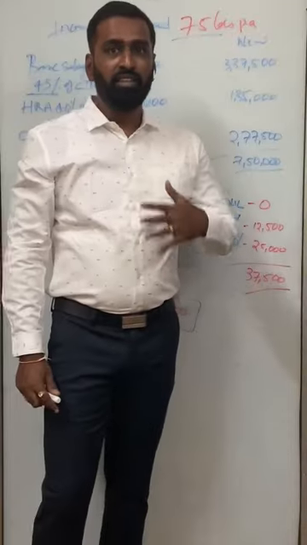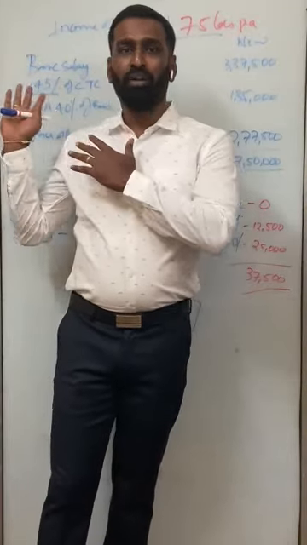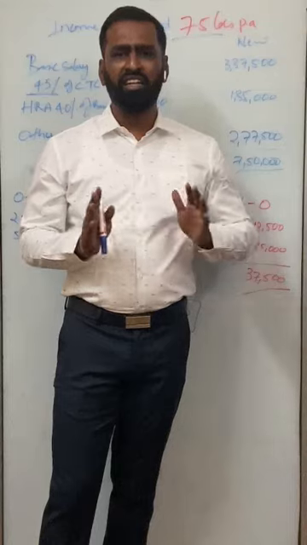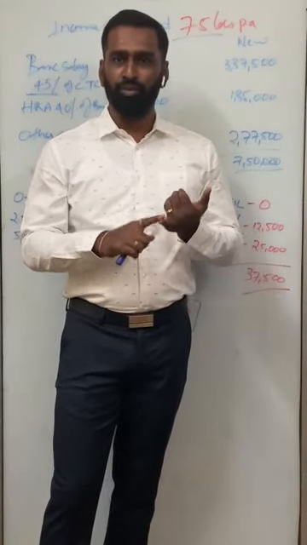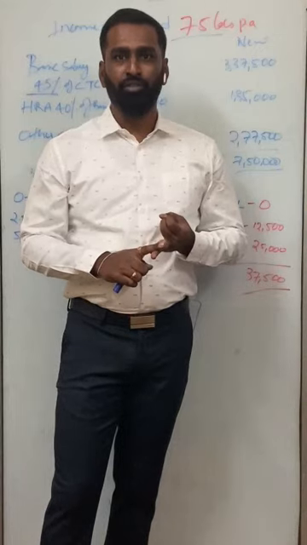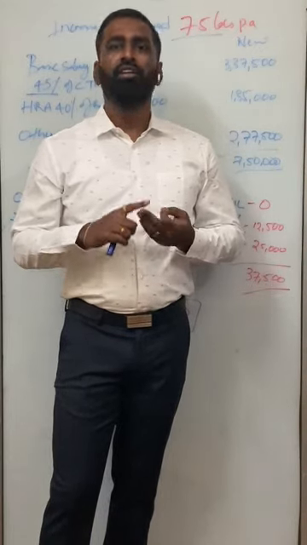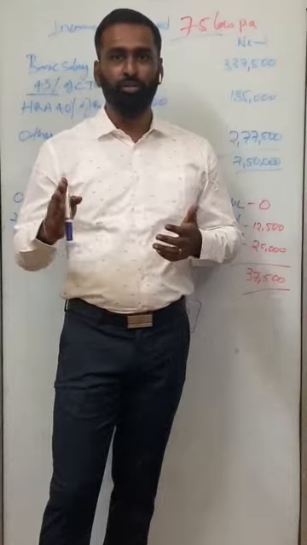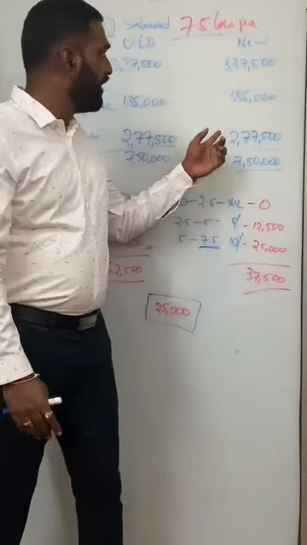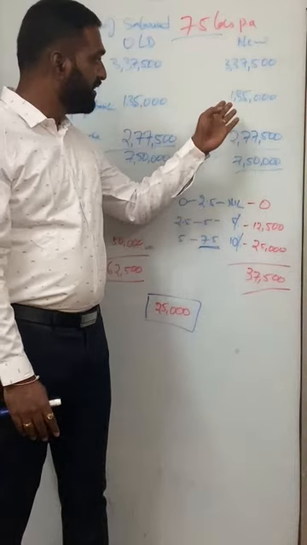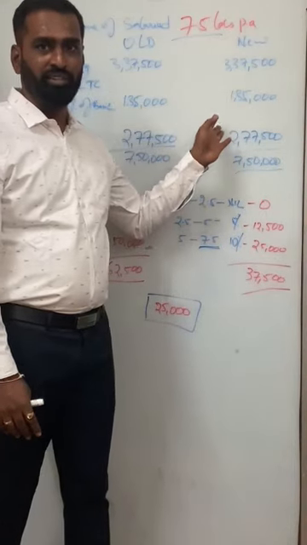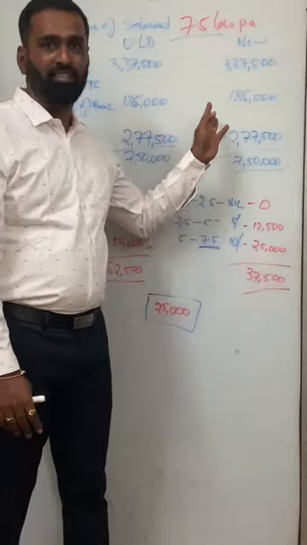Now friends, I have taken the example of a person who doesn't have any savings under chapter 6A, that is 80C, like tuition fees, principal of housing loan payment, provident fund, Sukanya Samriddhi, and the list goes on. This is only for those people who don't have savings. This scenario will change if you have savings. I'm going to explain that in the next slide.